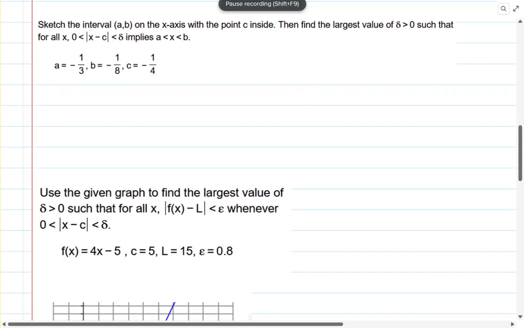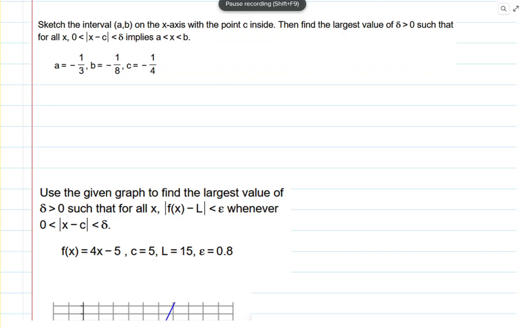So here's our first example, and it's cheesy. The reason it's cheesy is because we want to start easy and evaluate some of the information I have not given you. And this is one of those problems. We're going to sketch the interval AB. That's the limit of the domain AB, where this C exists.